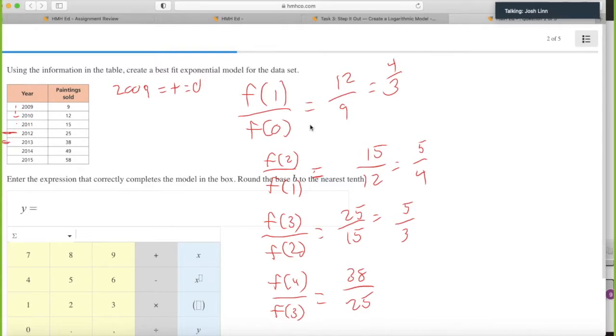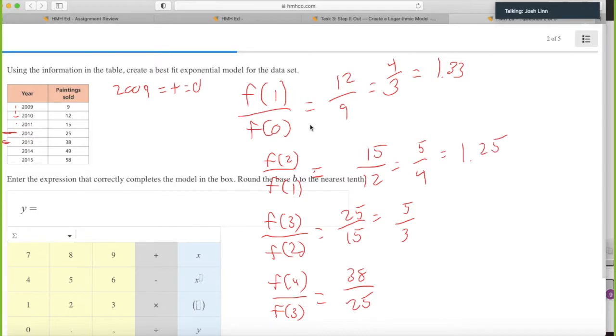So let's see here. 4 divided by 3, 1.33. 5 divided by 4, 1.25.